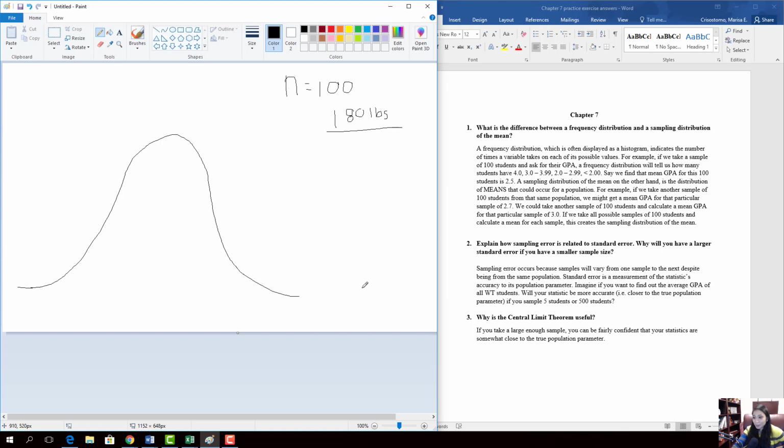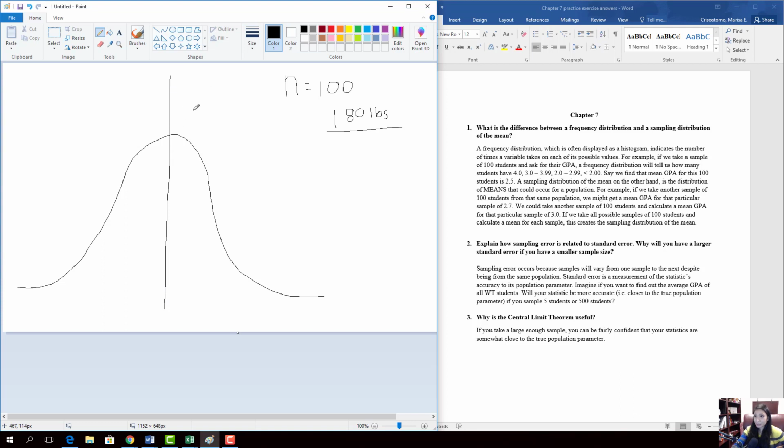Or we take another sample and we get a bunch of heavy weights in there and now the average weight of an American is 300 pounds. But what's the likelihood of that if our sampling distribution is normal? That's highly unlikely, right?